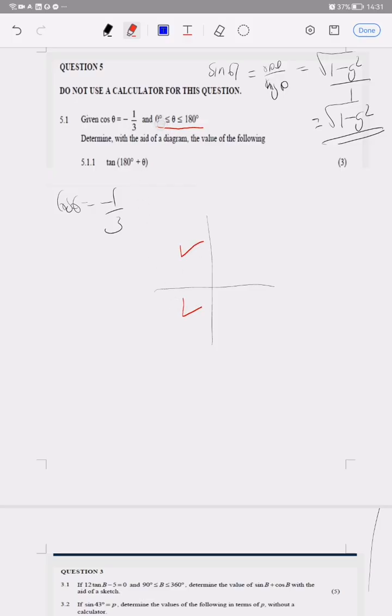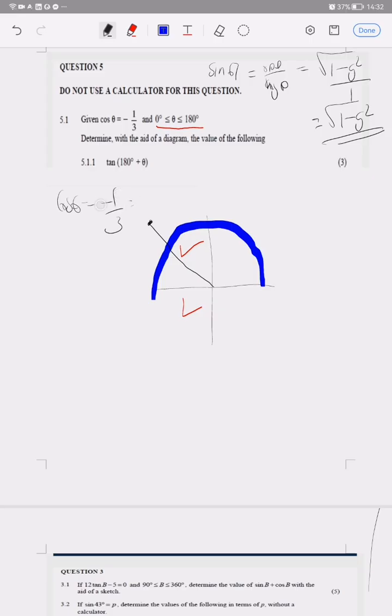Then we want an arc between 0 degrees and 180. Do you see? So we select a point where there is an arc and a tick. So basically it will be in the second quadrant.